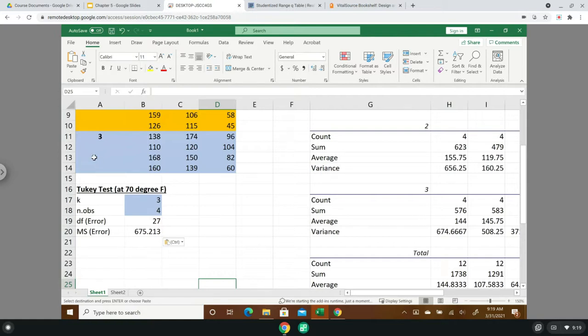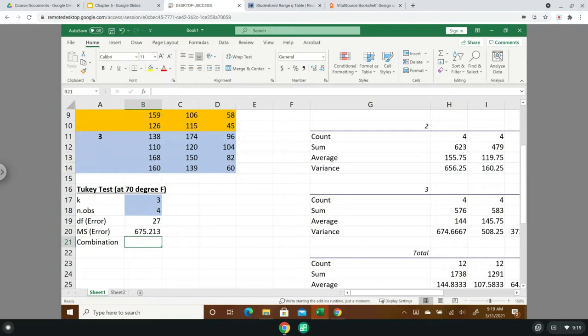This was easy because we just have 3, so we could figure that out. But if we have more factor levels, then the number of comparisons between individual factor levels can grow exponentially. So we can use something called combination to calculate how many individual comparisons we need to perform.